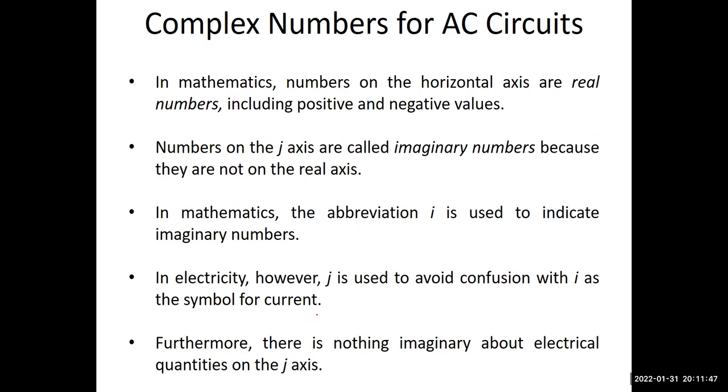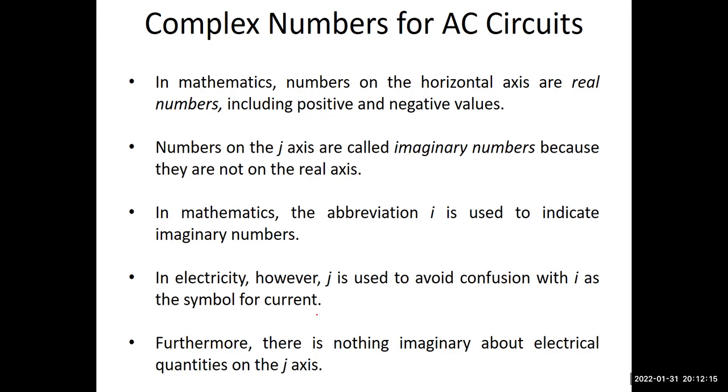So in mathematics, numbers on the horizontal axis are real numbers including positive and negative numbers. So numbers on the J-axis are called imaginary numbers because they are not on the real axis. In mathematics, the abbreviation I is used to indicate imaginary numbers, while in electricity, however, J is used to avoid confusion with I as the symbol for current. Okay?